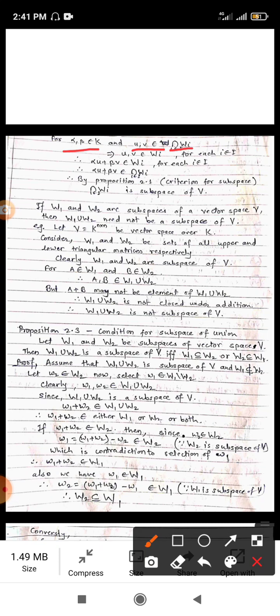but each Wi is a subspace. Then from the condition on Wi, suppose u, v belong to W1 and W1 is a subspace, then from the previous proposition we have alpha u plus beta v belongs to W1.